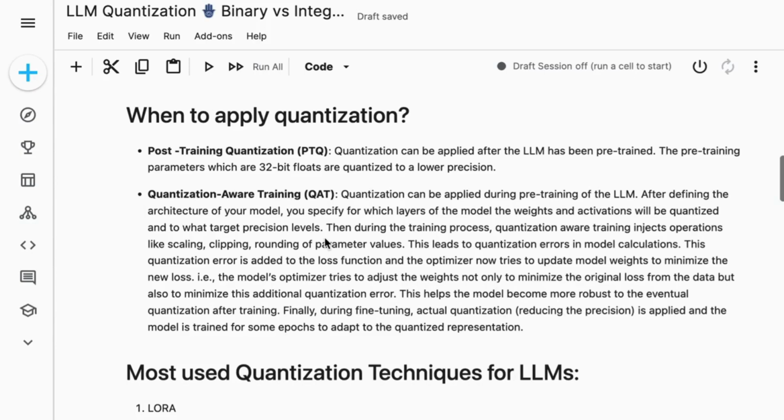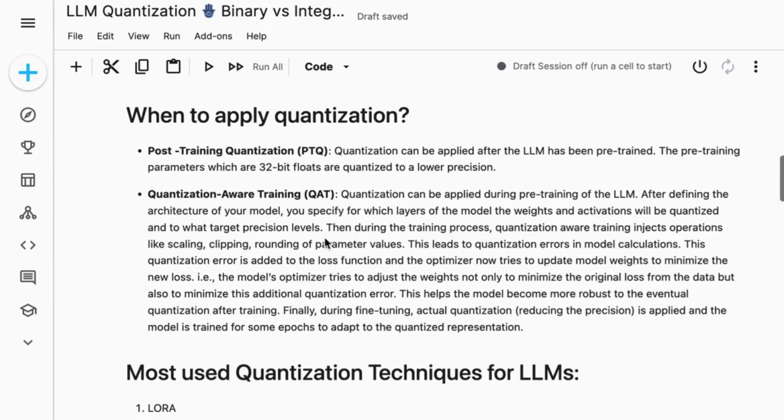This quantization error is then added to the loss function, and the optimizer tries to update the model weights to minimize this new loss, because this new loss is not only the large language model loss, it also includes the additional quantization error. In that way, your model will become more robust to the eventual quantization after training.